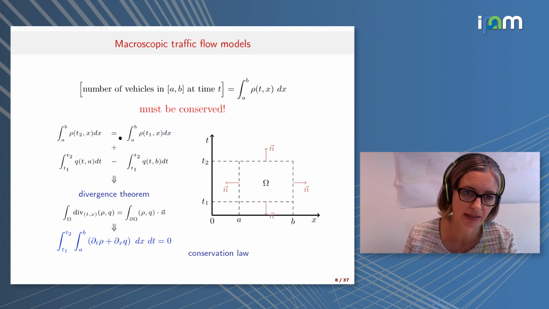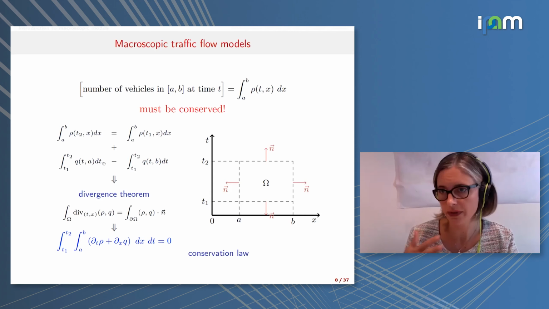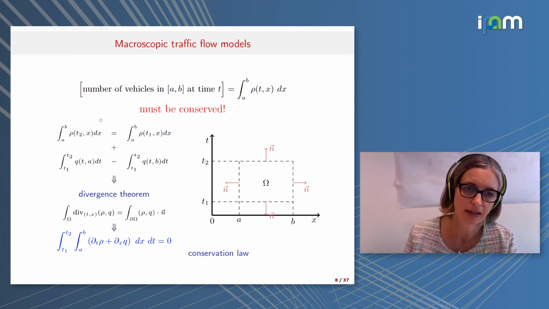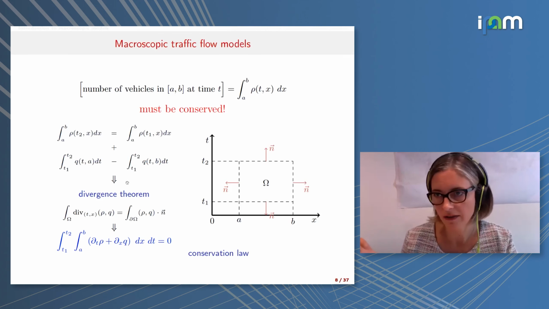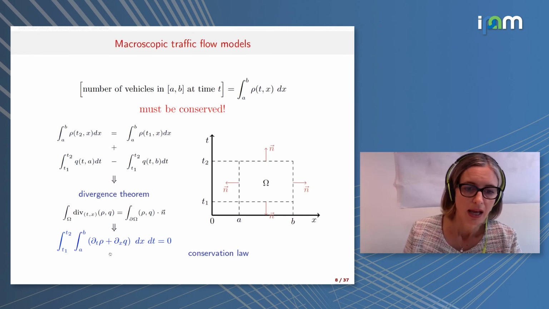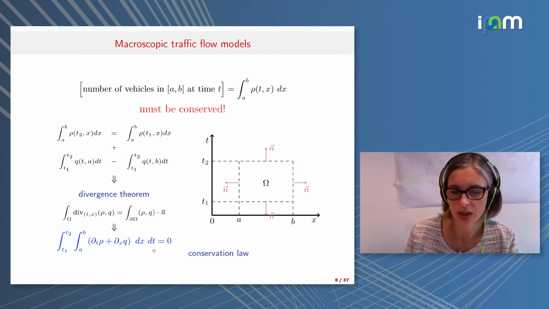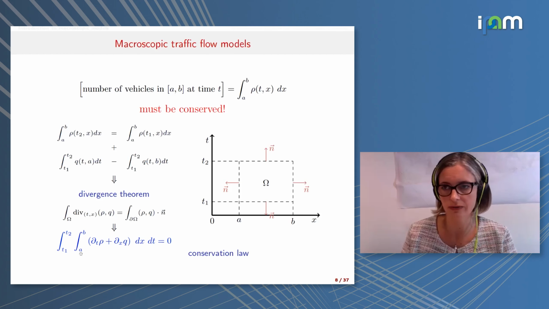So this is just the conservation of the number of vehicles, and this equality can be rewritten using the divergence theorem as the integral of this partial differential equation that must be 0 on every time interval and every space interval.